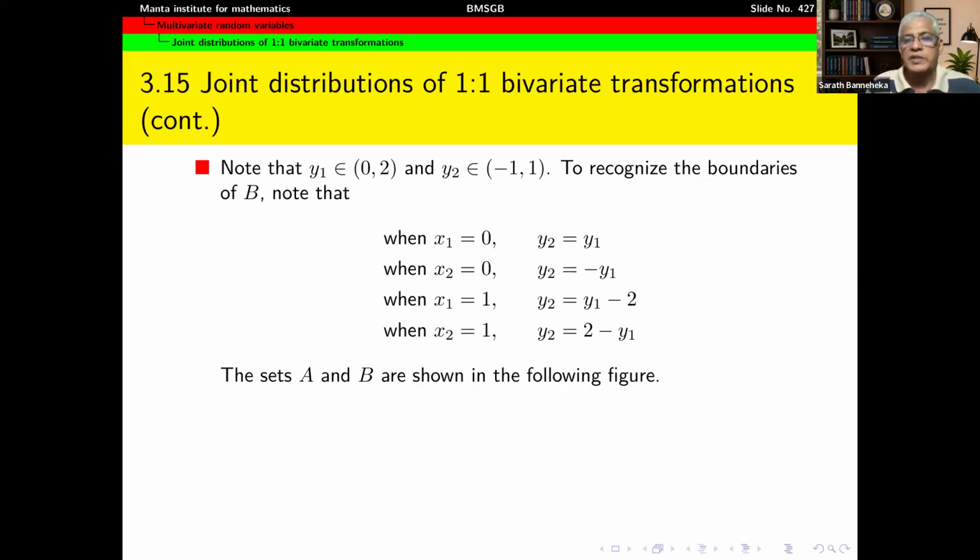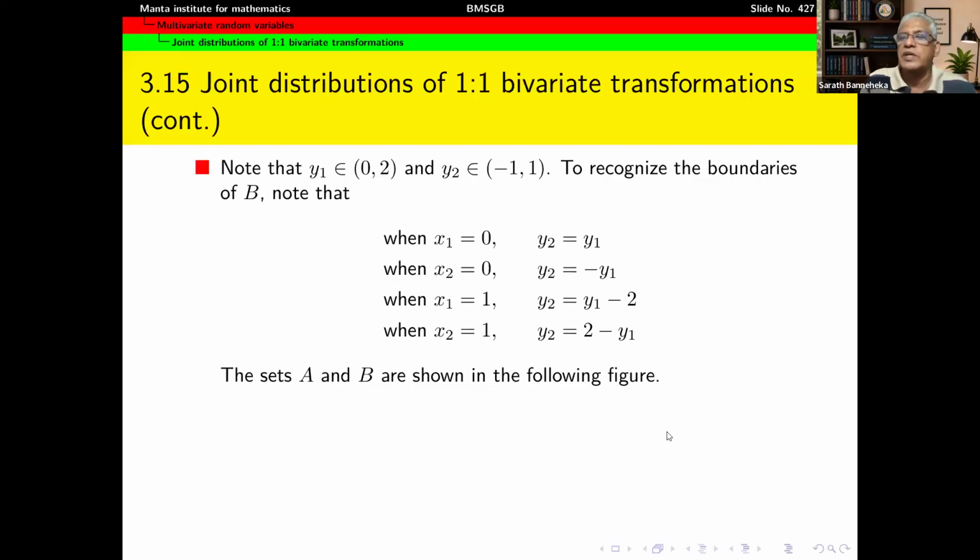For example, it's better always to identify these two sets, A and B, especially if you want to find out the marginal densities later on. You'll have to integrate the joint density with respect to y1 and y2.